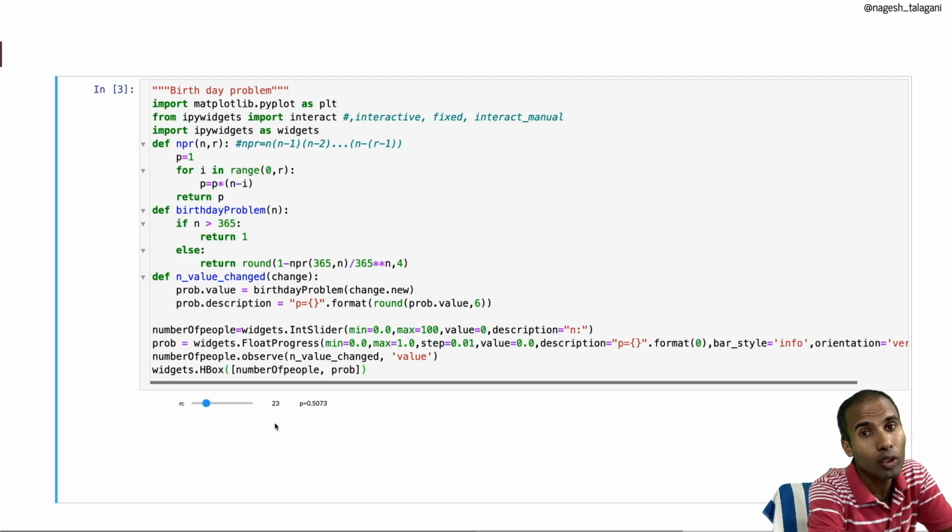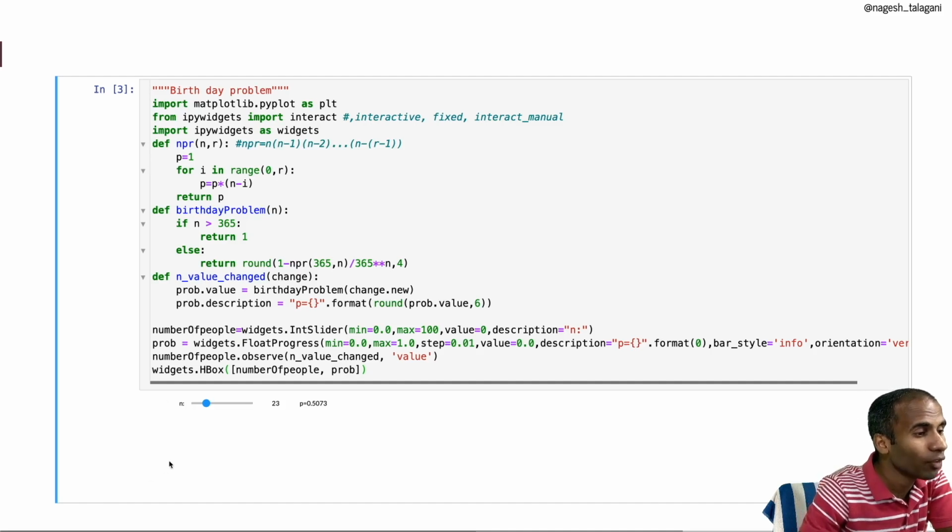If you go back to our school project problem, then if there are 23 student records, the probability of having a collision will be 0.5073. This must be surprising, right? Let's check for other values.